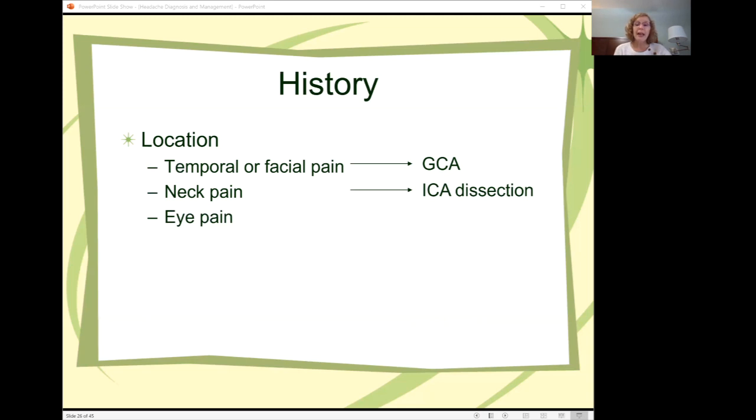Unilateral neck pain may be indicative of internal carotid artery dissection, or a vertebral artery dissection if the pain is in the back of the neck. If they have unilateral eye pain, consider angle closure. Cluster headaches or optic neuritis can also cause unilateral eye pain.